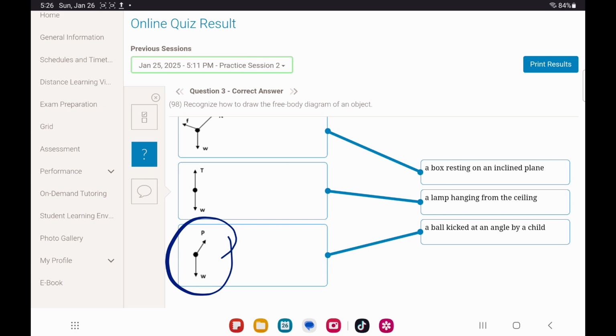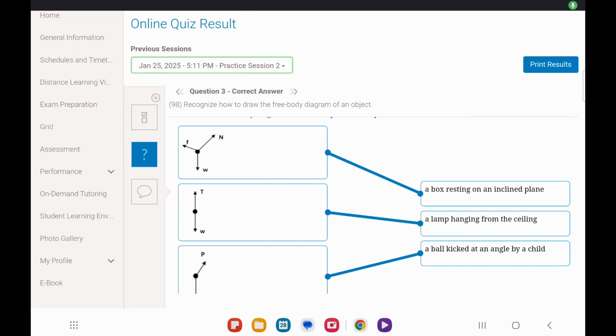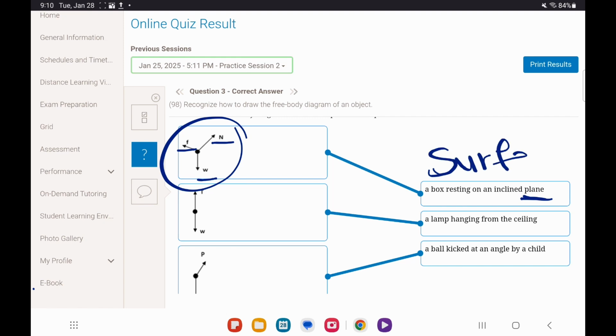We'll just keep this for the last one because this one's pretty tricky, okay? For this one, we have weight, friction, newtons, force, normal reaction. When you see plane, it means surface. What did we say about surface?